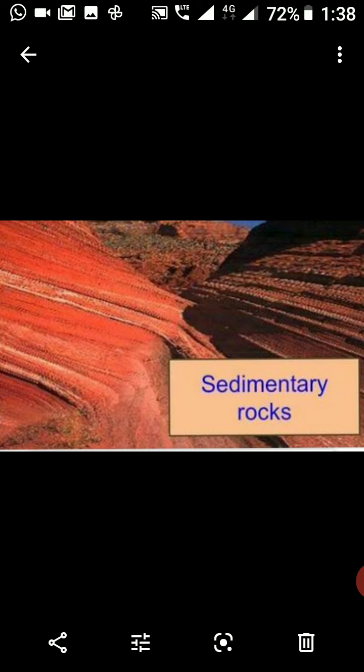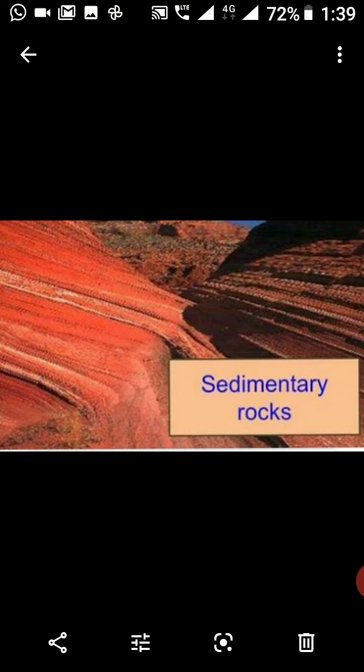So the sedimentary rocks are formed with three processes in three steps. The first one is erosion, second is transportation, and the third one is deposition.